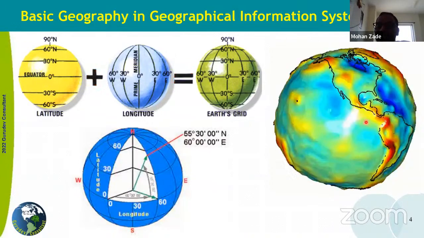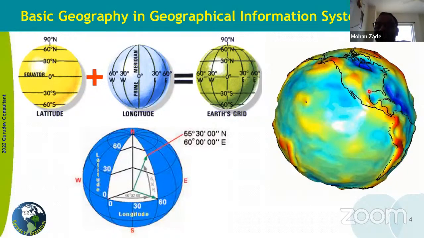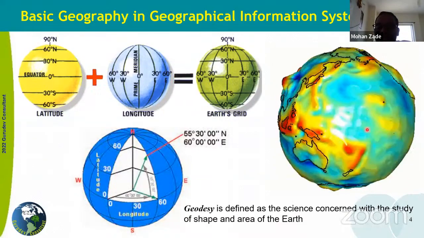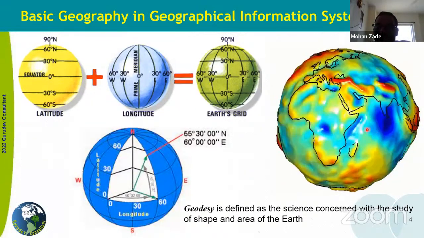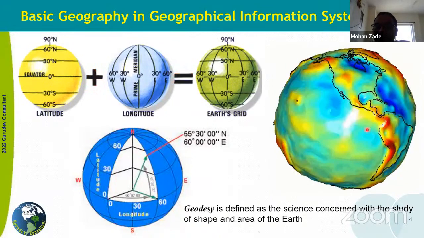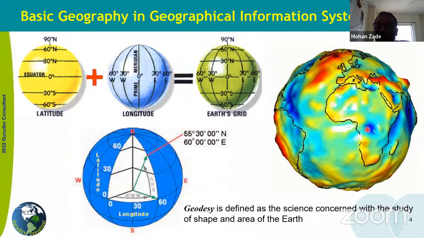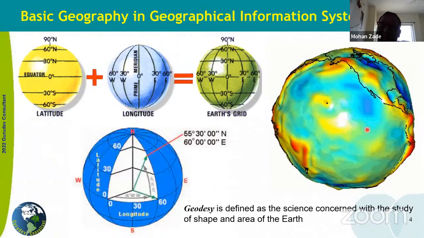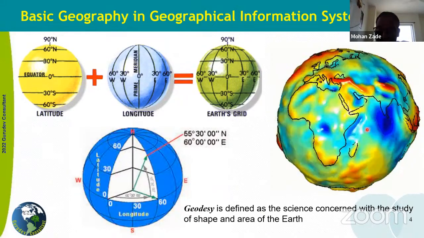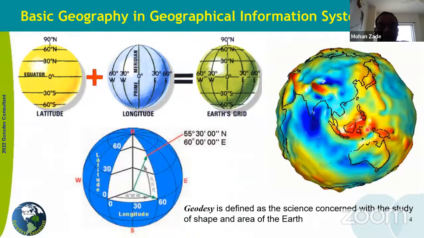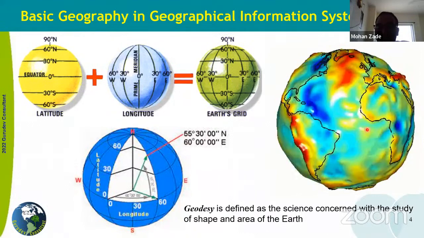So what we see on the actual Earth is like you are seeing in the rotating expression, and geodesy is defined as the study of the shape as well as the area of the Earth. So when you bring in the Z dimension, that is the elevation, then it becomes geodesy. So always remember the Earth is measured in latitude, longitude, and Z as elevation.